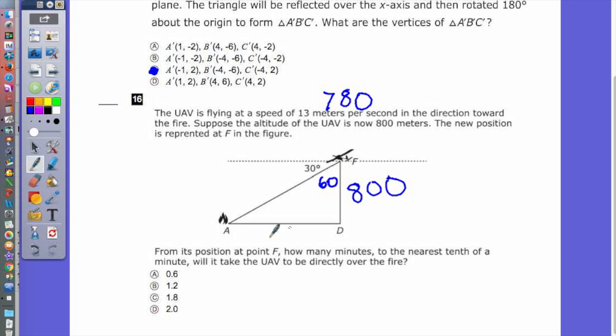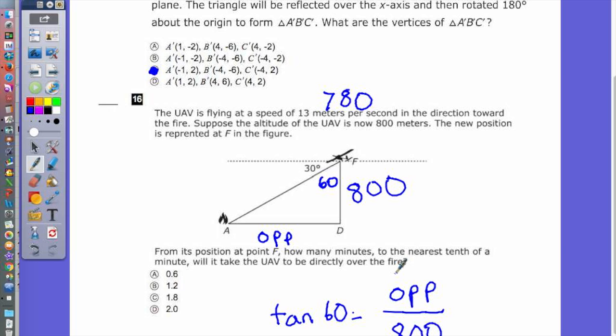And this is adjacent. So we're going to find the opposite side length. The adjacent is 800. So we're dealing with the tangent of 60. In this one, you're going to actually have to find the tangent of 60.